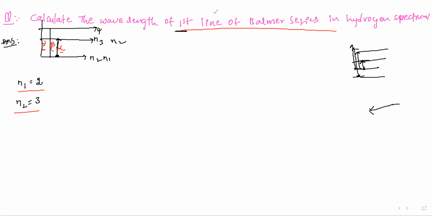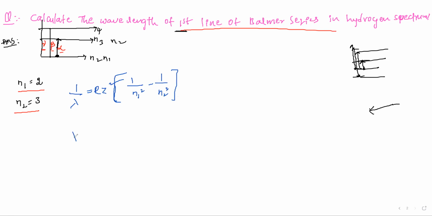So there we have to use a formula to calculate it, the Rydberg formula. What is that Rydberg formula? 1 by lambda equal to R Z square into 1 by N1 square minus 1 by N2 square. This is the formula to calculate the wavelength of spectral lines.